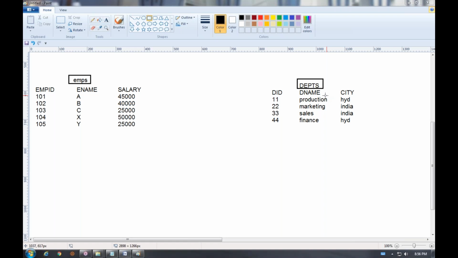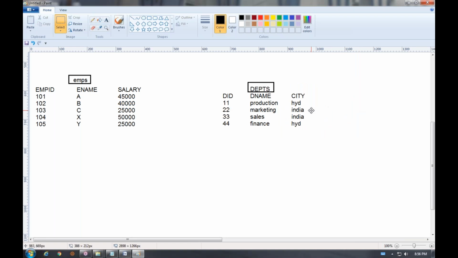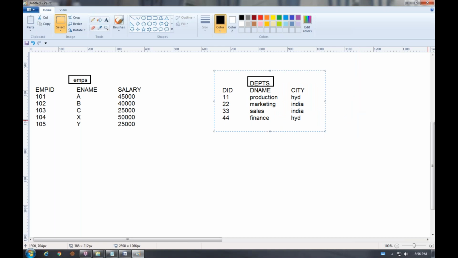According to that business rule, tell me how many employees are working under production? Anybody? I hope everyone is able to hear and see the screen. How many people are working under production?